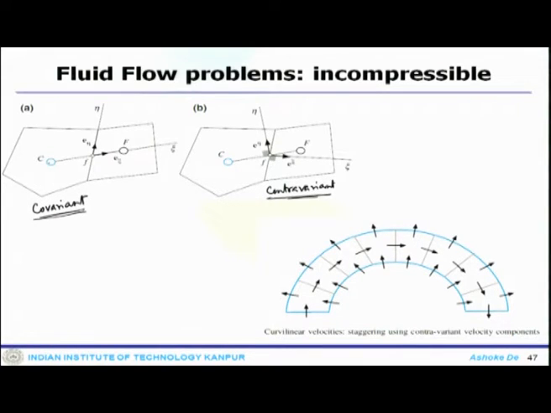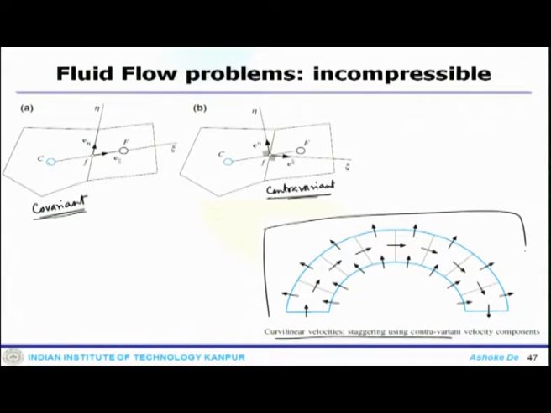And if you use the covariant and contravariant components in the curvilinear system, then this looks like a perfect staggering arrangement which does not have any problem, or you may not have alignment of the flow field with the geometric curvature.